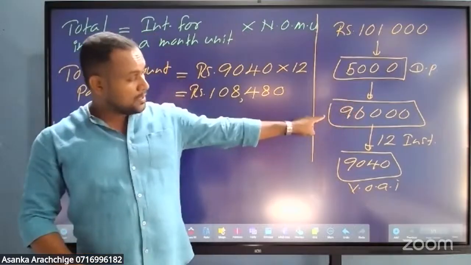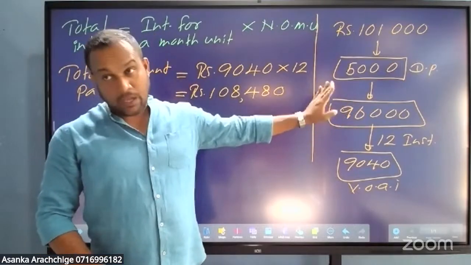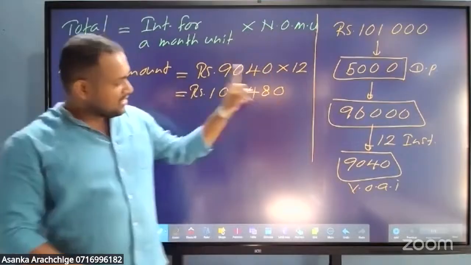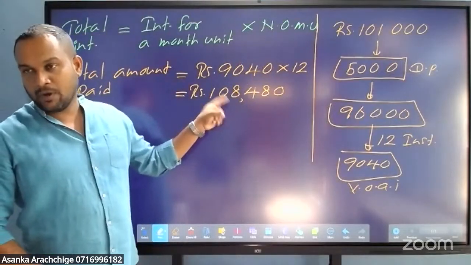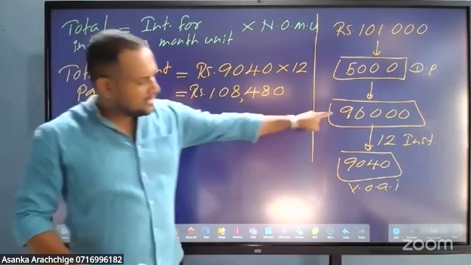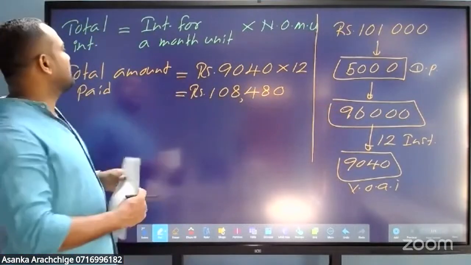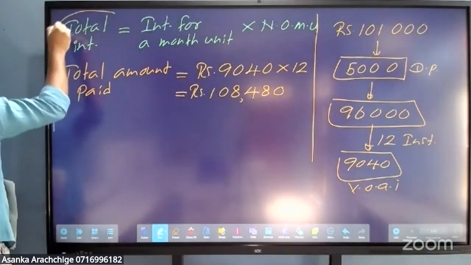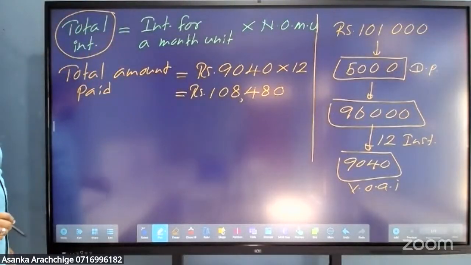This is the actual loan amount, without interest. With interest, this is the total amount this lady pays. Therefore, by the difference of this value and this value, you can get the total interest. Understood?